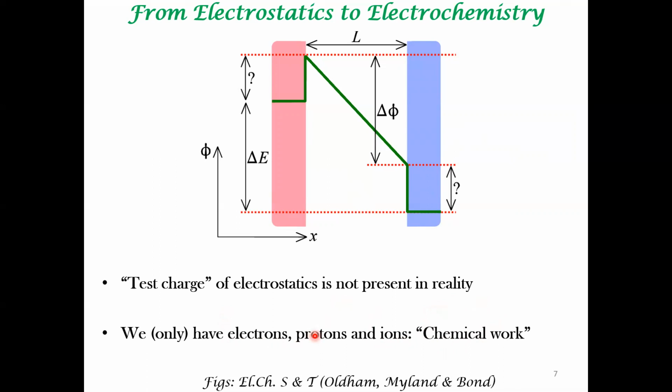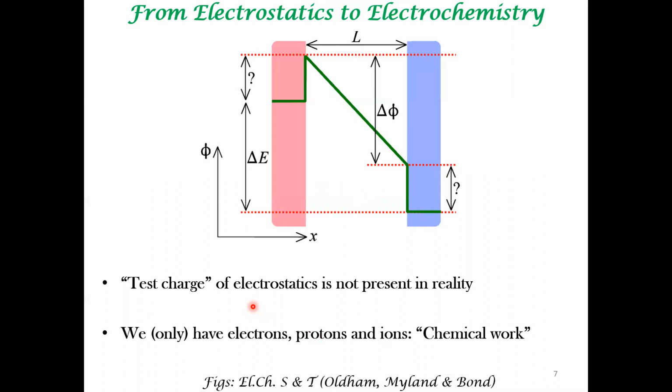Some of these abstractions that you use in electrostatics have great utility in electrochemistry. But when we try to translate these notions, there are additional complexities associated with the chemistry of the system.